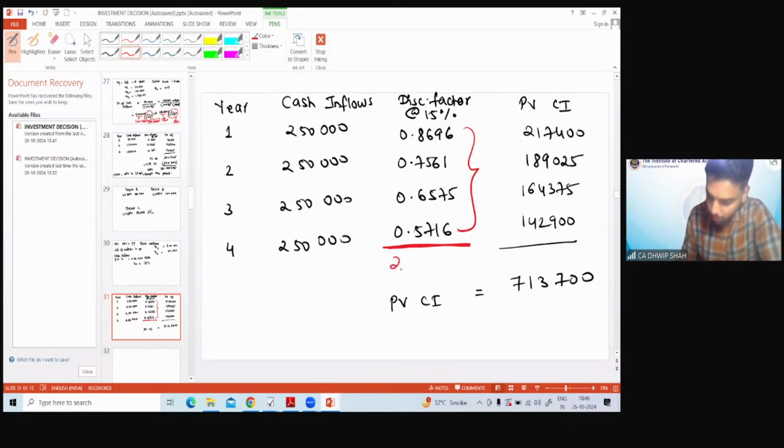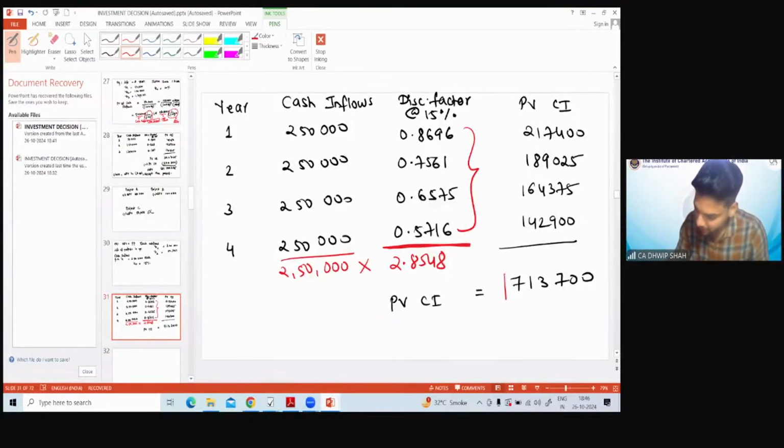It comes to 2.8548, correct? Yes, 2.8548. That's correct. And now multiply this 2.8548 with 2,50,000.